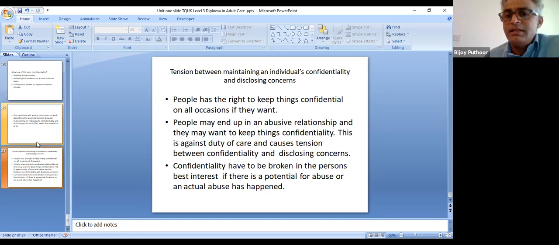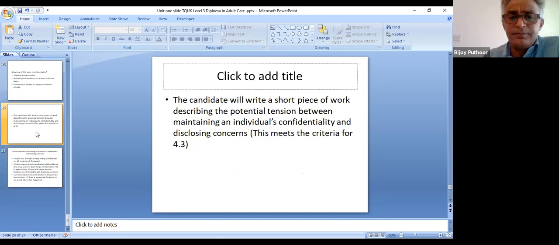The tension between maintaining individuals' confidentiality and disclosing concerns. People have the right to keep things confidential on all occasions. People may end up in an abusive relationship, and they may want to keep things confidential.